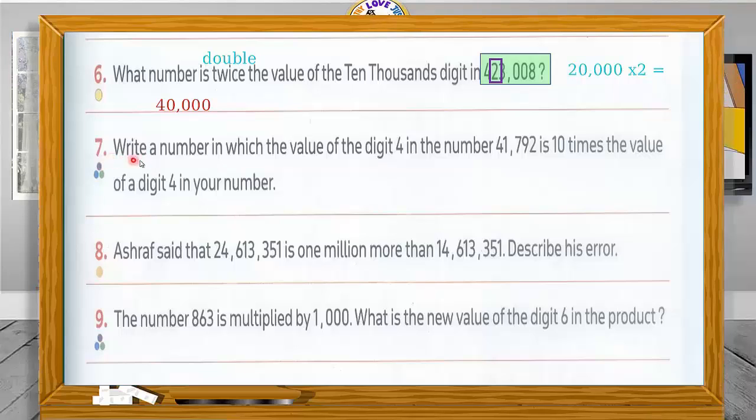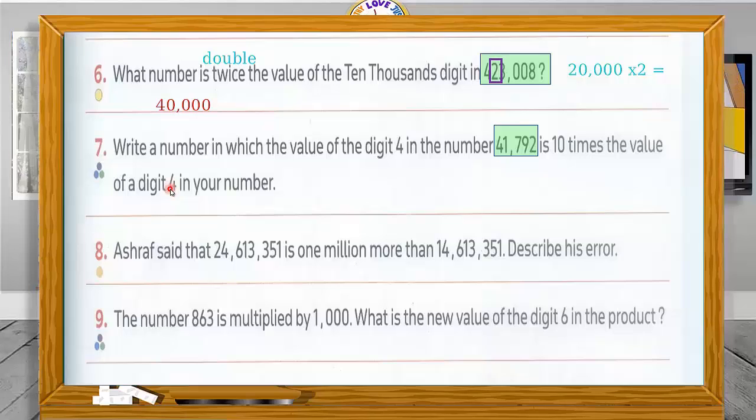Number 7. Write a number in which the value of digit 4 is 10 times the value of digit 4 in the number 41,792. You will write a number from your mind.